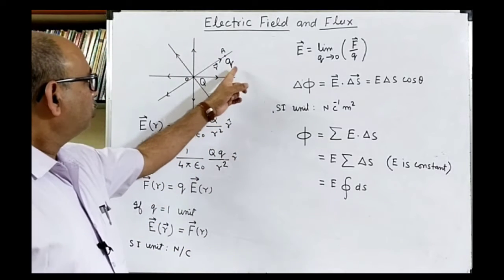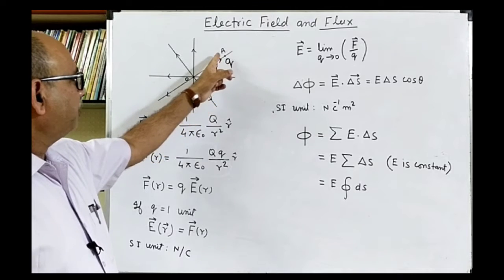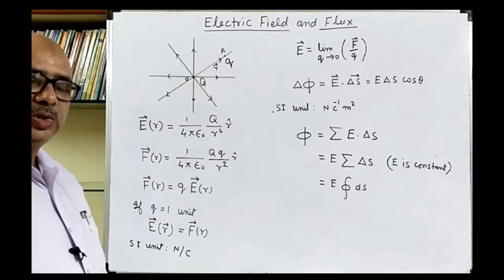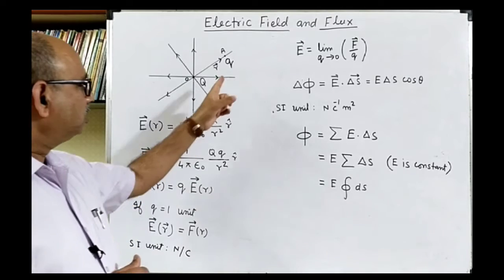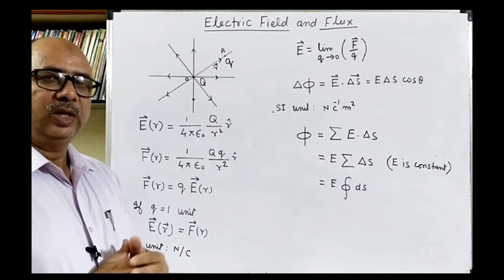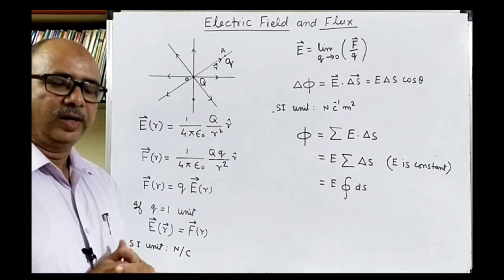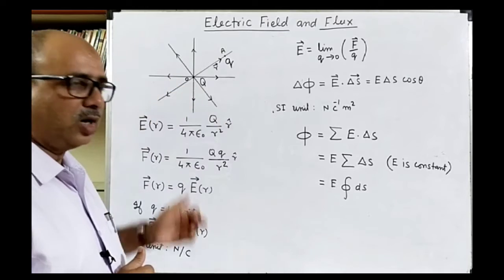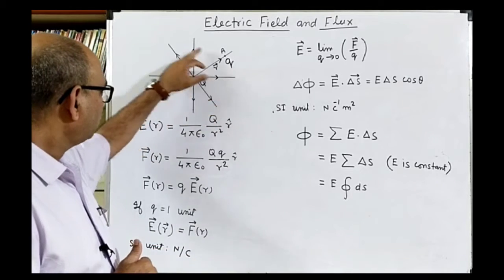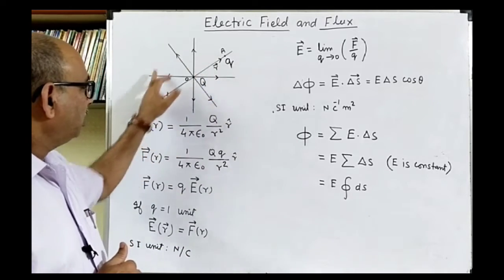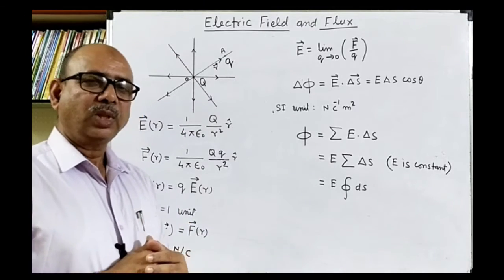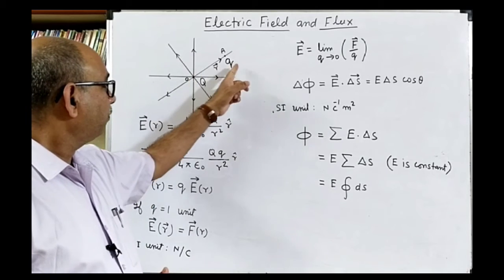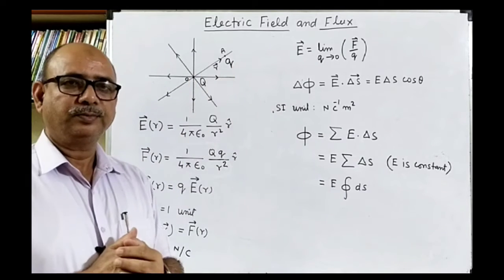When a charge Q is placed at point A, which is r distance away from the origin O, this charge will experience a force exerted by this charge. Because of the presence of this capital charge Q in its surrounding, there is an electric field, and because of this electric field, this charge will exert a force on this charge.